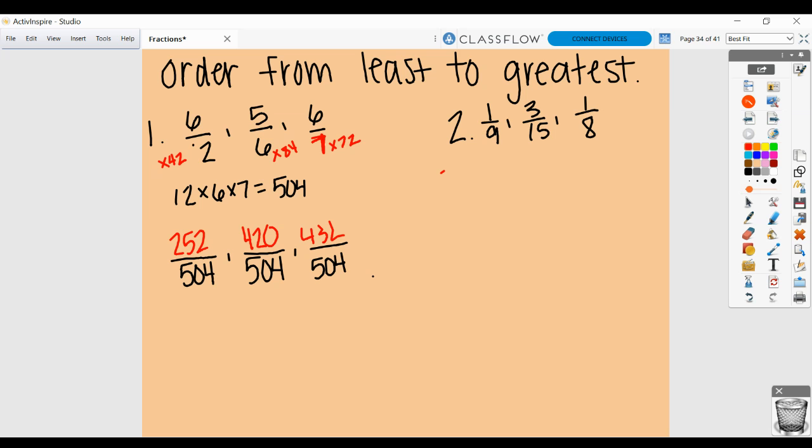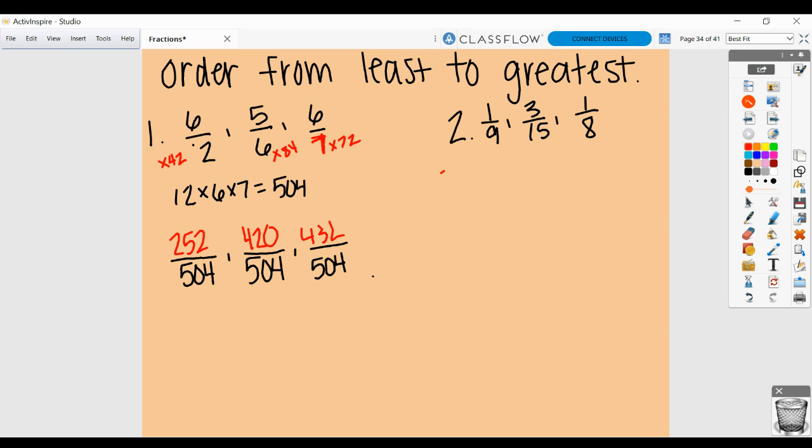Now, the reason why I said that it's easier to do it this way is because now you have that common denominator. All you have to do is look at your numerators and put those numbers in order. So you have 252, 420, 432, and they actually are already in order.